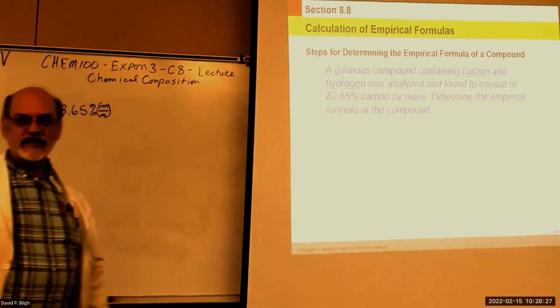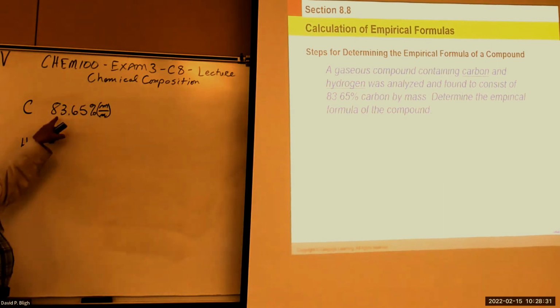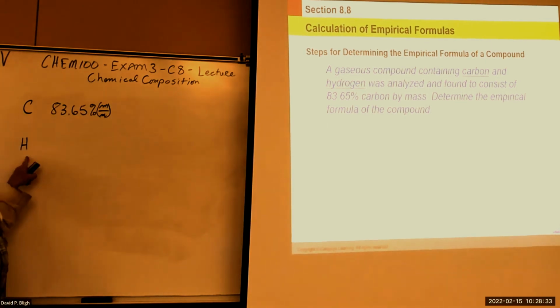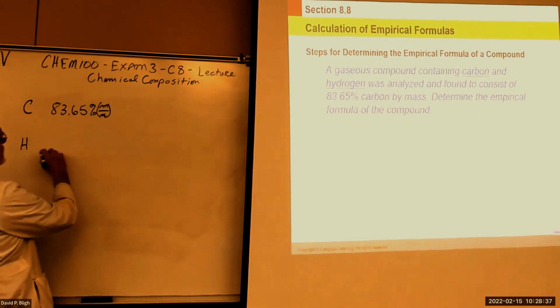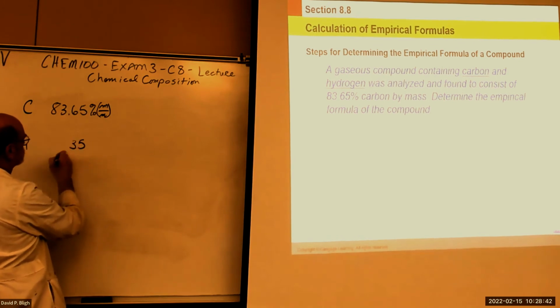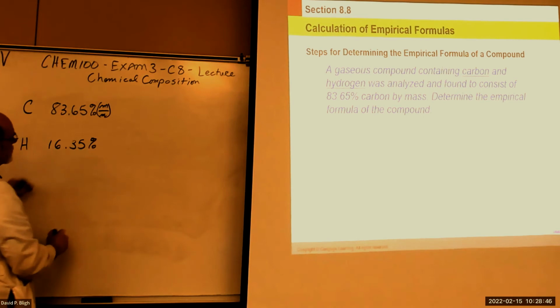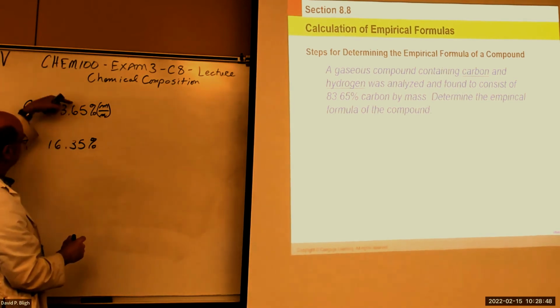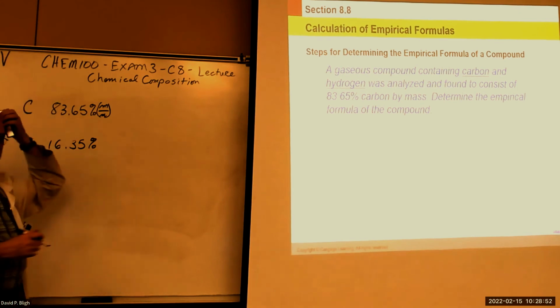Do we have enough information? Sure. If this is 83.65%, how much is the hydrogen? It's what's left over. So it would be 16.35. Correct? That's 100%.